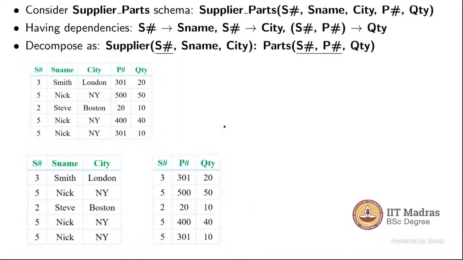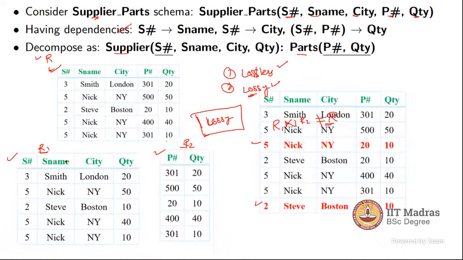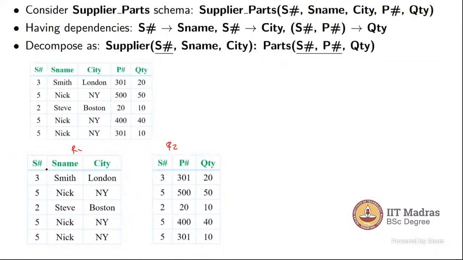Now, if I decompose the same relation like this, suppose it's R1 and R2: in relation R1 I have SID, SN, CT, and in relation R2 I have SID, part ID, and quantity.